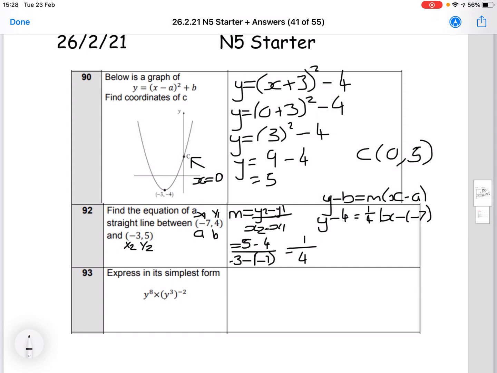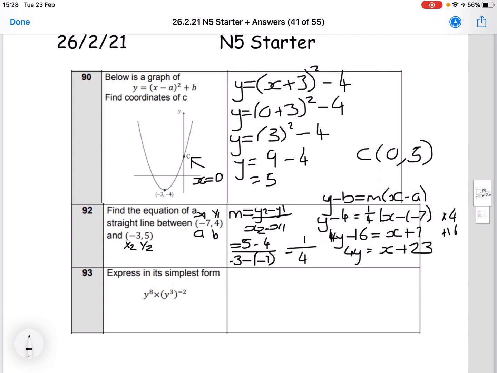So what I would probably do first is multiply out that fraction. So if we times the whole thing by 4, we'll get rid of that fraction. So that's going to give us 4y minus 16 equals x plus 7. And then I would take that minus 16 across and add 16 to both sides. So 4y equals x plus 23.